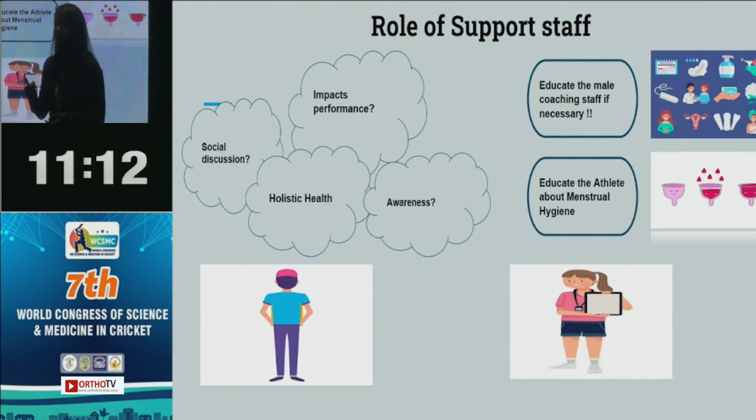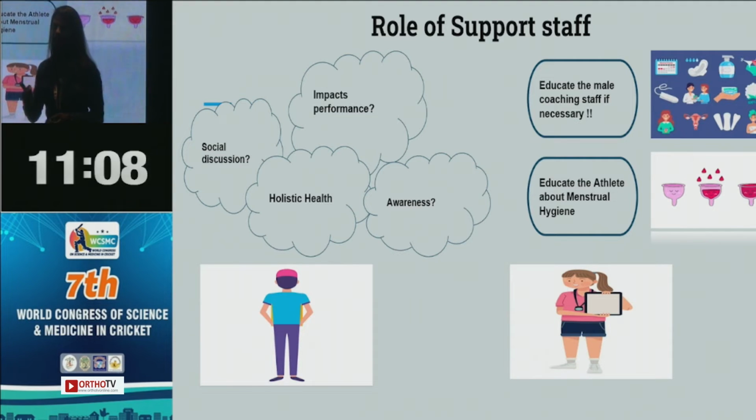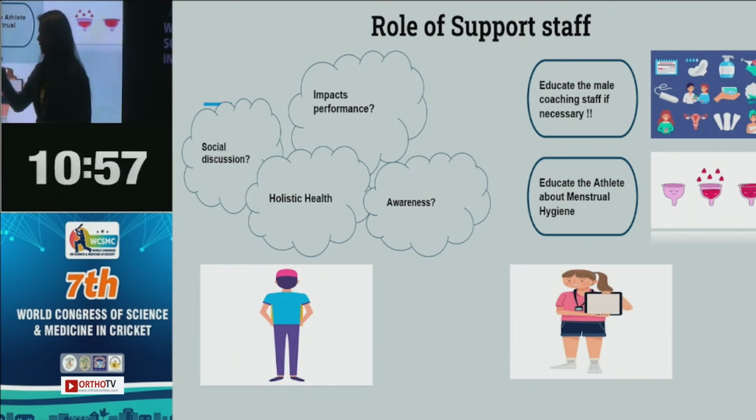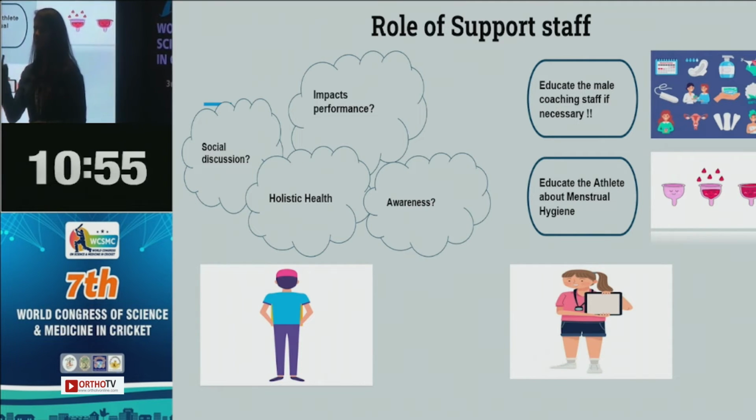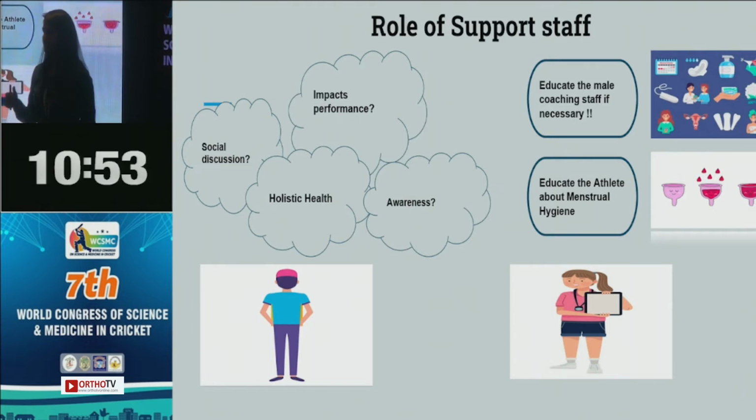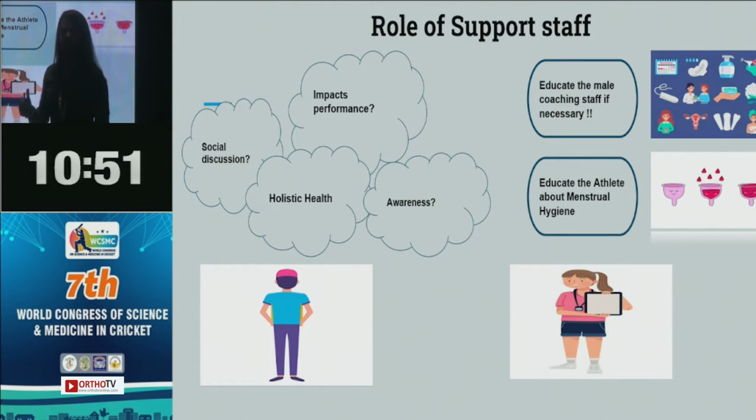And how comfortable is the athlete discussing it with us? I think this is where we have to take initiative and reinforce and promote awareness before an athlete reaches low energy availability and menstrual dysfunction, which is going to first affect the overall health, and then that is directly linked to the performance, right?